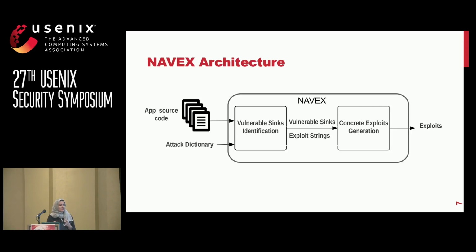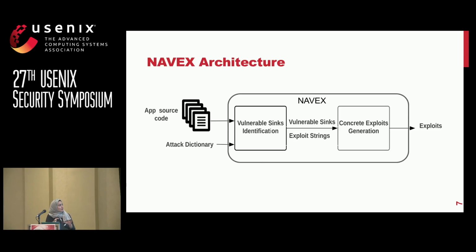These specifications basically contain lists of sinks, sanitizations, attack strings, and so on. We mainly use the attack dictionary to instantiate analysis templates that target all the vulnerability types that we want to generate exploits for.